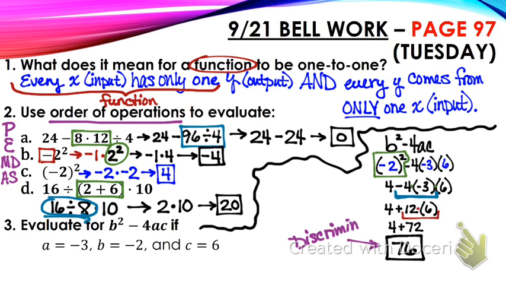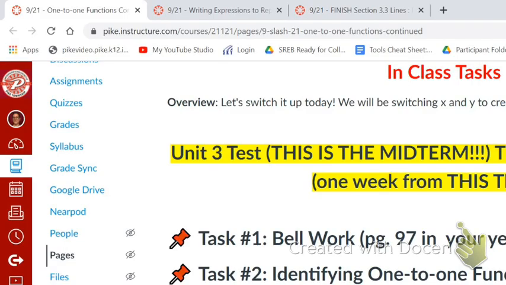Wait, do you know when our upcoming test is going to be? Yep, your next test is going to be next Thursday, the 30th. This is a very, very short unit. We'll be done by Friday this week with this new material, because this test is going to be your midterm. So everything we covered in Unit 1, everything we covered in Unit 2, and everything we're learning here. So I wanted to make sure this wasn't a huge unit.